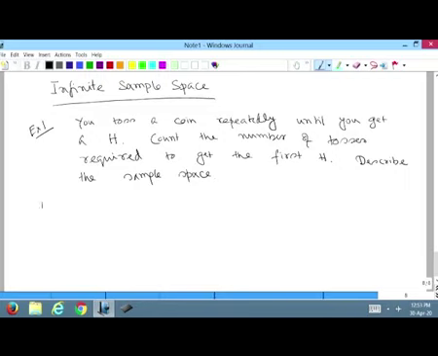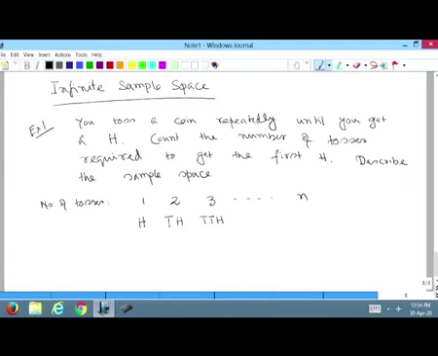So, number of tosses, if it is 1, that means in the first toss you got a head. If it is 2, that means in the first toss you get a tail and that is followed by head. If it is 3, then you get 2 tails followed by a head.